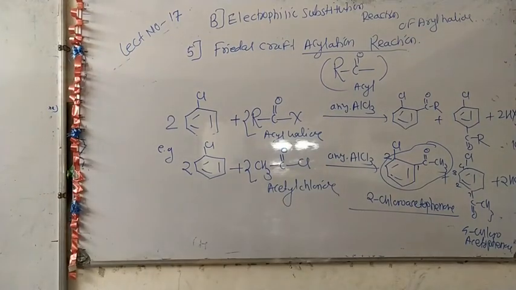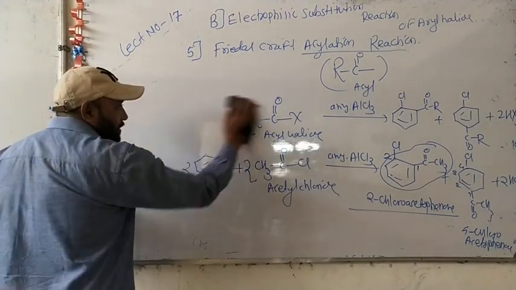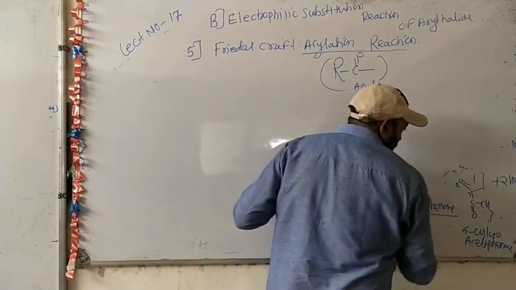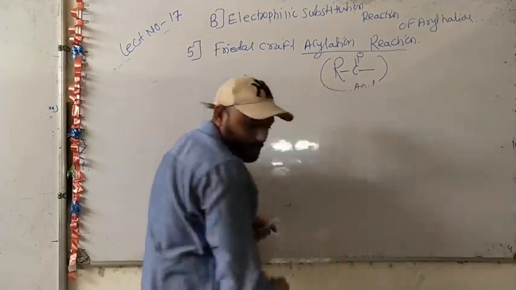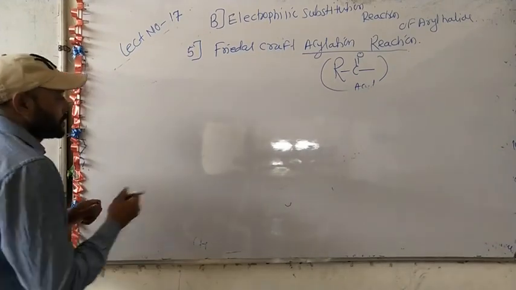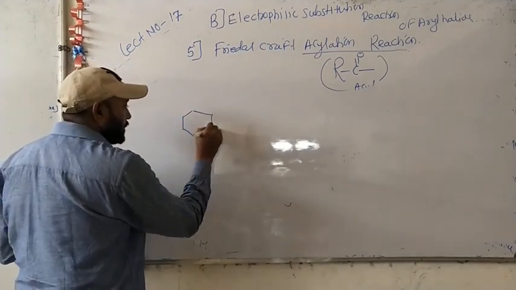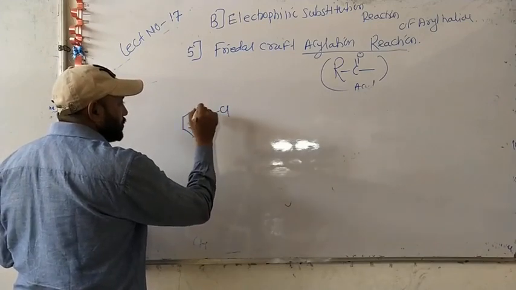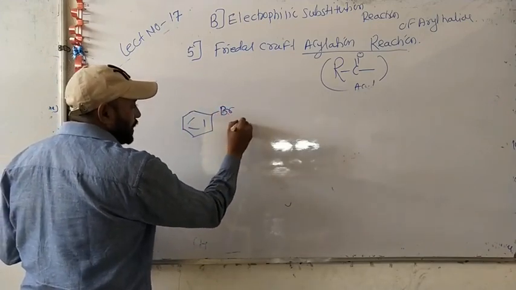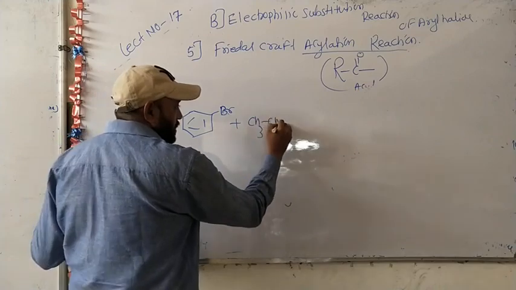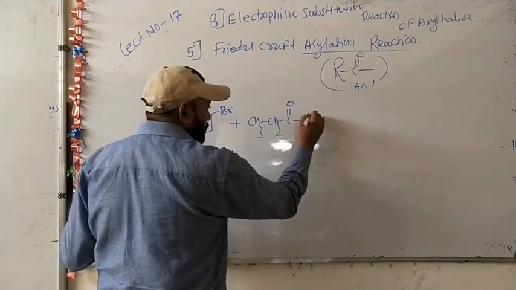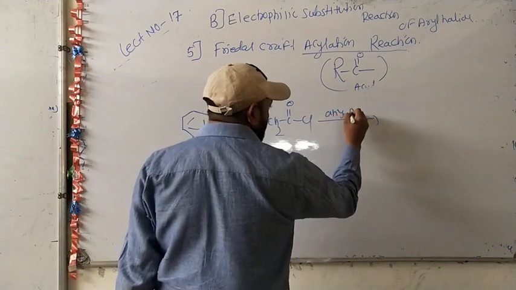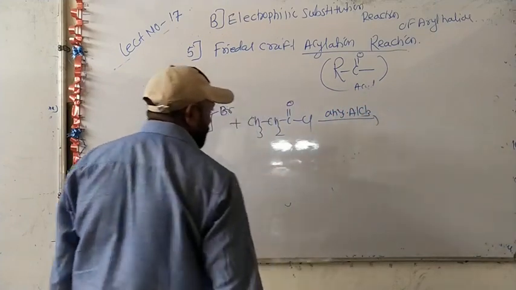For your homework, I provide a few examples and you have to solve them under the Friedel-Crafts acylation reaction. Suppose bromobenzene is provided, and it is treated with CH3CH2C double bond O Cl in presence of anhydrous AlCl3.